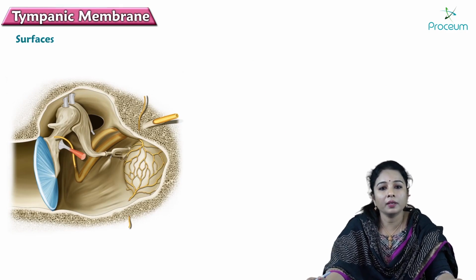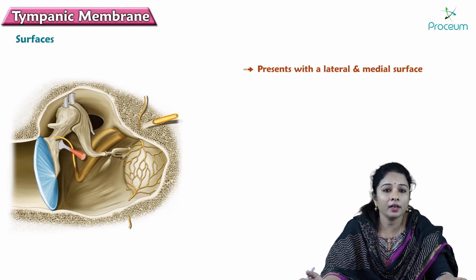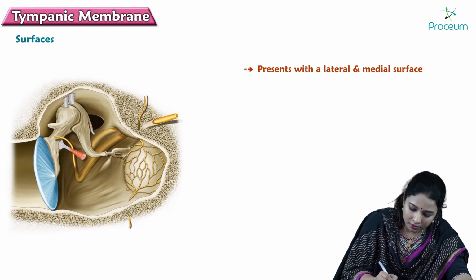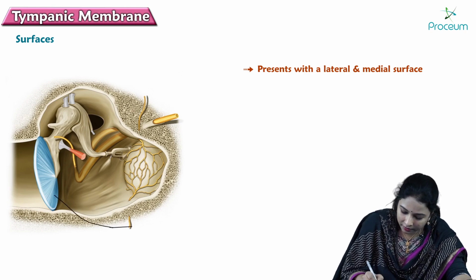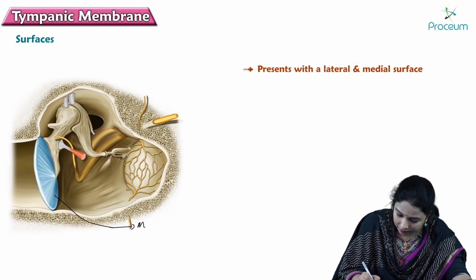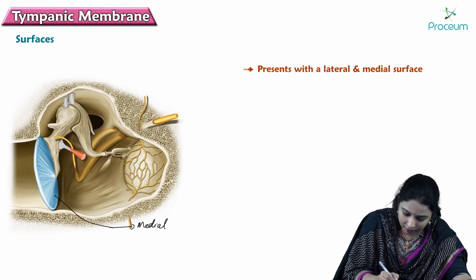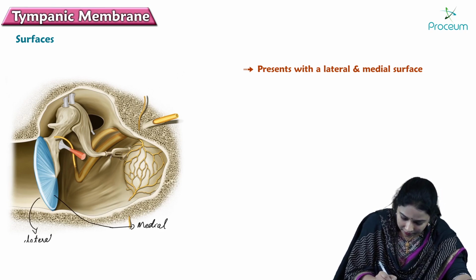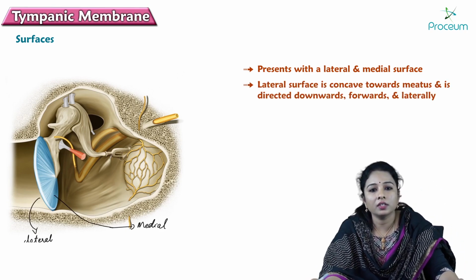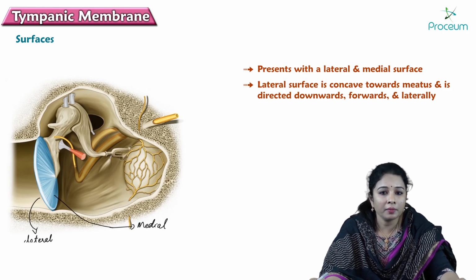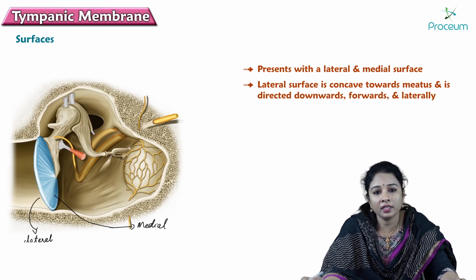Surfaces of the tympanic membrane: it presents a lateral and a medial surface. So here is the medial surface. The other side is the lateral surface. The lateral surface of the tympanic membrane is concave towards the meatus, and it is directed downwards, forwards and laterally.